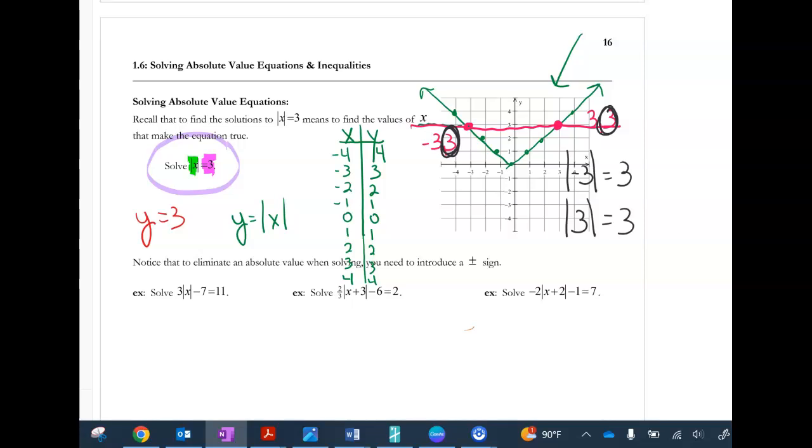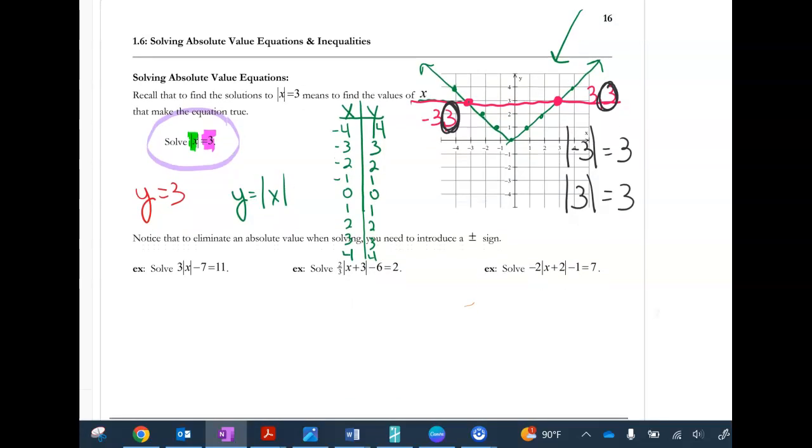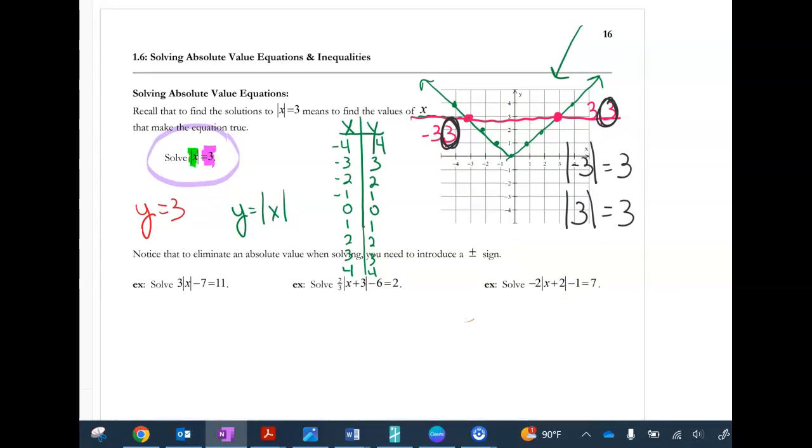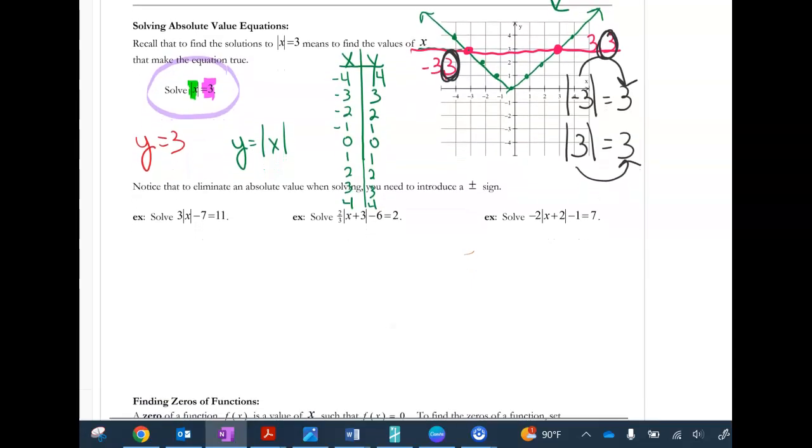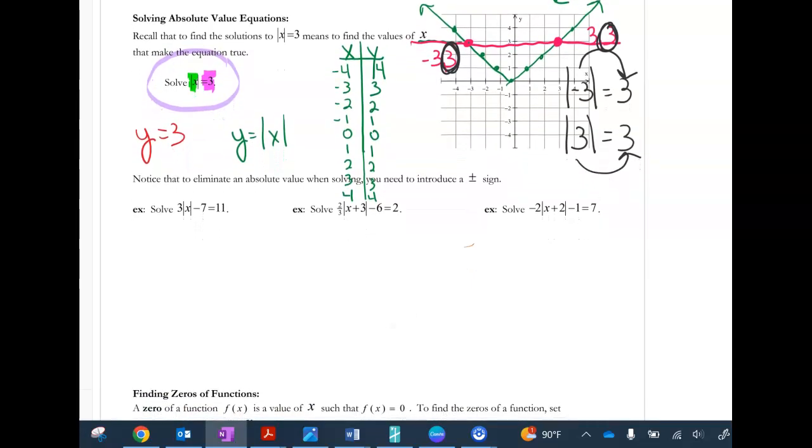All right, so with that, we're going to start solving, and we're going to bring in this idea that as long as I take the absolute value of a number, whether it's negative or positive, I'll always end up with the positive thing. All right, so let's just go through this. This should be review. You should have seen this somewhere in middle school. You just haven't really seen it since then. Maybe a little bit freshman year in Algebra 1, but not so much.